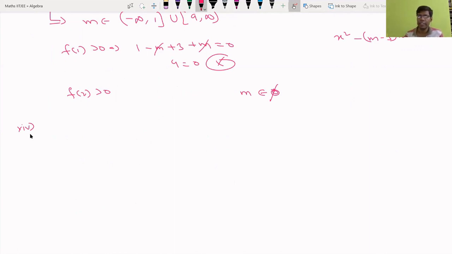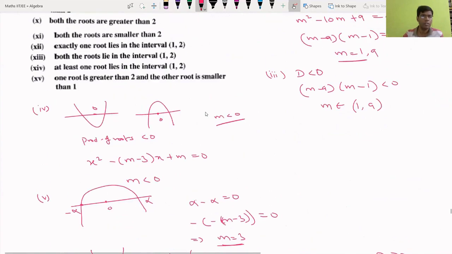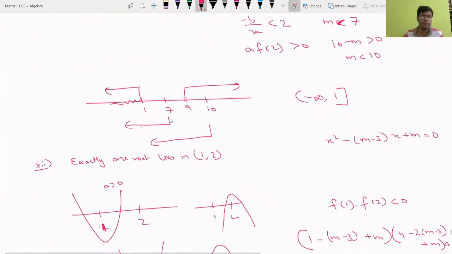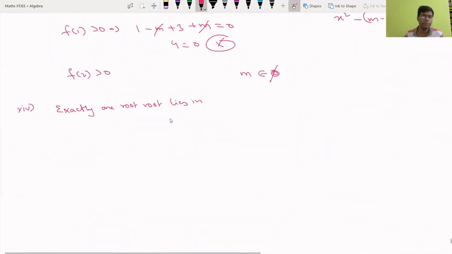Then take the next one, that is the 14th. So there it says at least one root lies in 1 and 2.